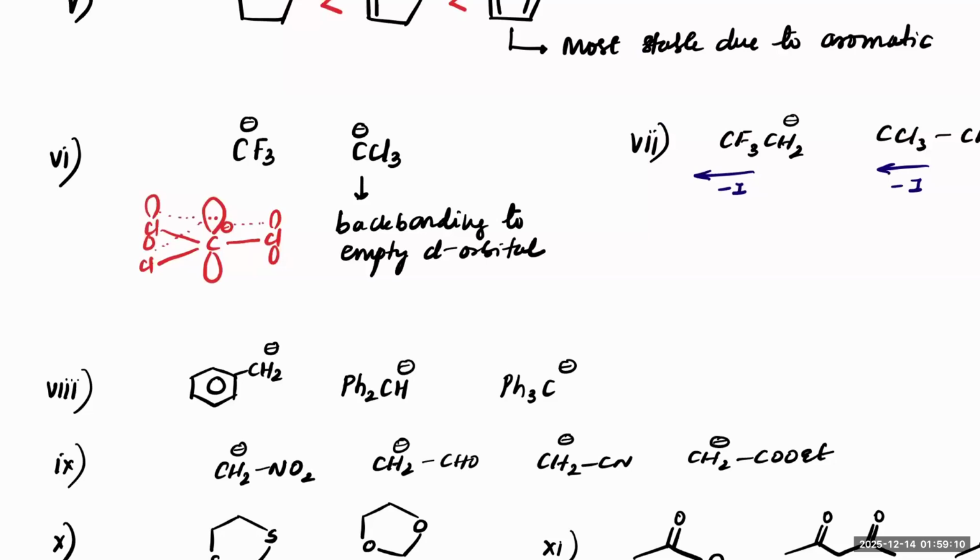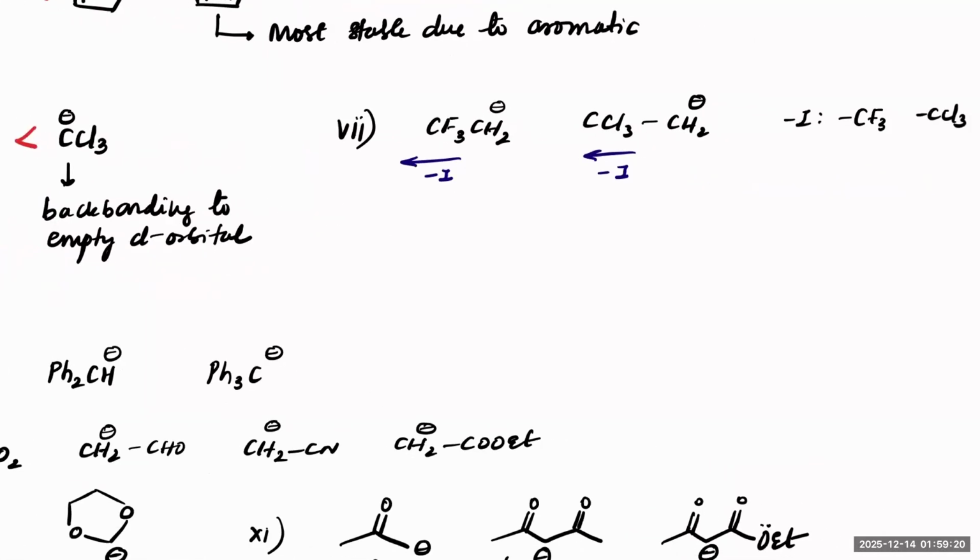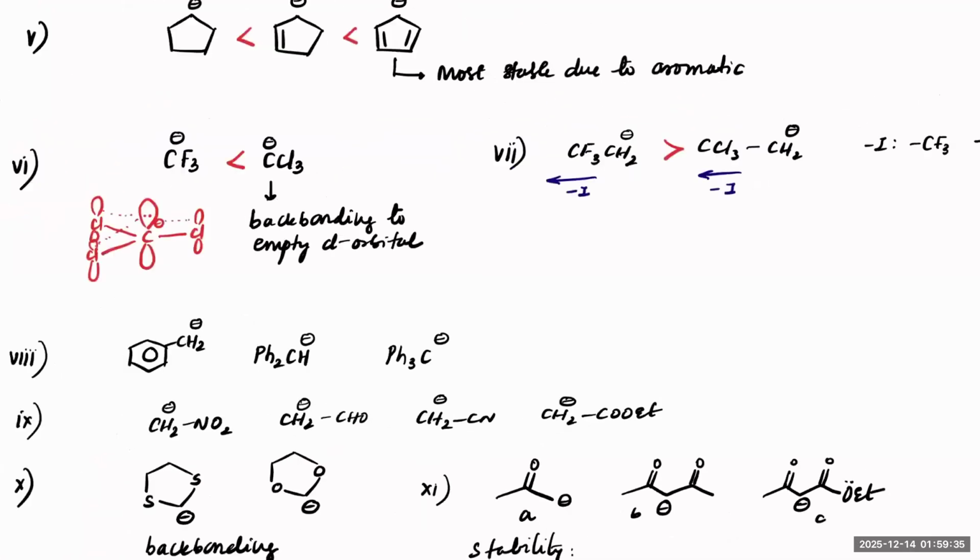That brings more stability to the carbanion. So which one is more stable? CCl3 minus. But in case you have CF3CH2 minus, here there is no resonance, no back bonding. CF3 is genuinely more withdrawing via minus I as compared to CCl3. Therefore CF3CH2 minus is more stable.